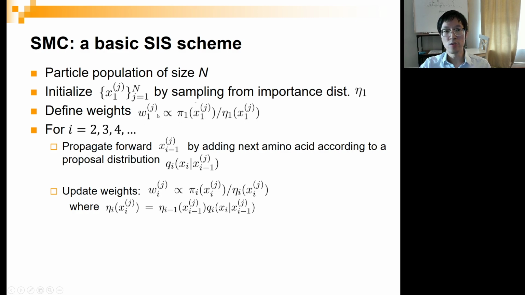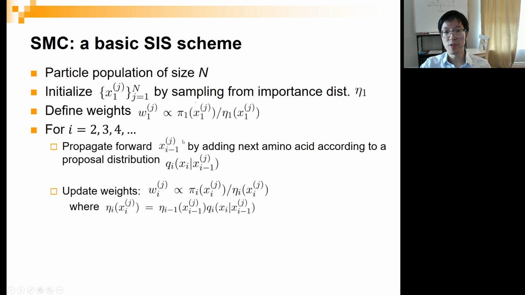We calculate the weight as the ratio of the Boltzmann distribution for the actual energy, that's pi, divided by the distribution that we sampled from, the proposal or importance distribution, eta 1. This step continues as we propagate the particles forward, in other words, as we build up protein segments.